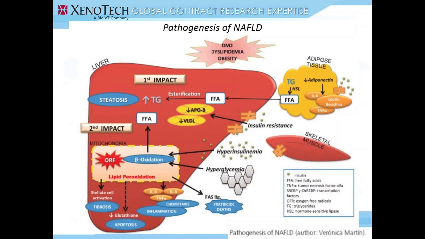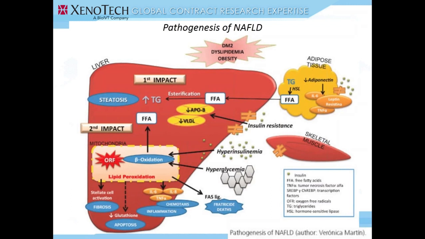In 1998, Day and others presented a two-hit hypothesis to describe the pathogenesis of non-alcoholic fatty liver disease, whereby insulin resistance contributes to steatosis and constitutes a first hit, which sensitizes the liver to oxidative stress, which is, according to this theory, a second hit, resulting in inflammation, fibrosis, and necrosis.